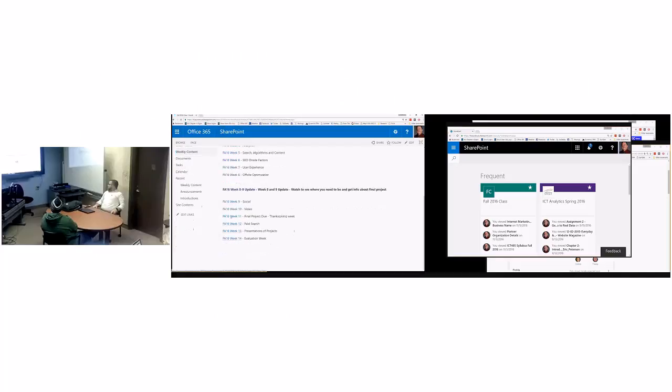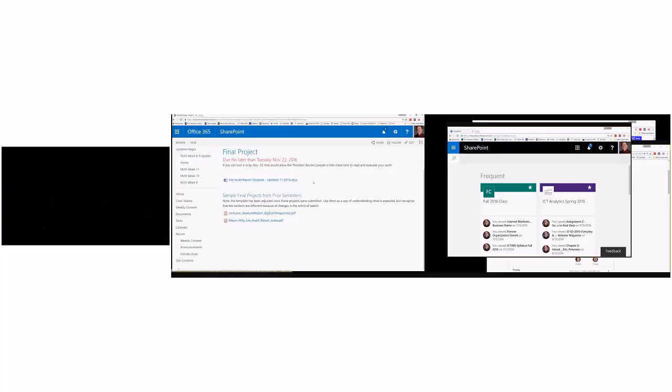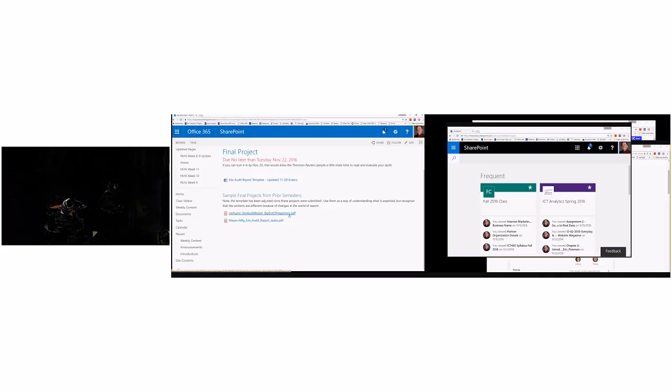Links for the final project to the template are in there, as are two projects from previous semesters that were very well done, so you'll get an idea. We've changed the template because social and video have become more prominent in the last year, so we've added those to the audit.